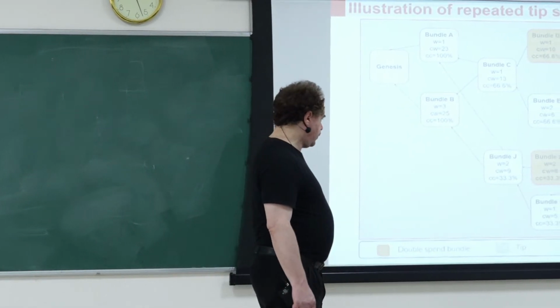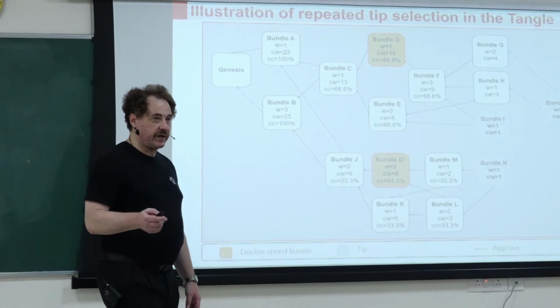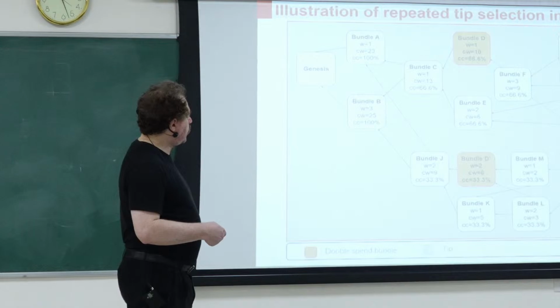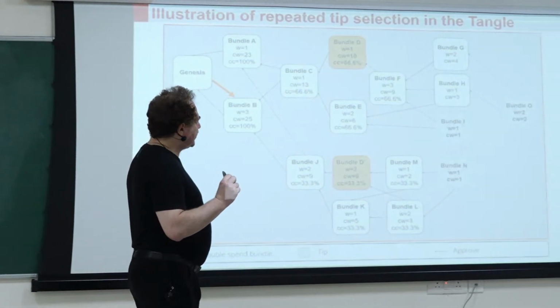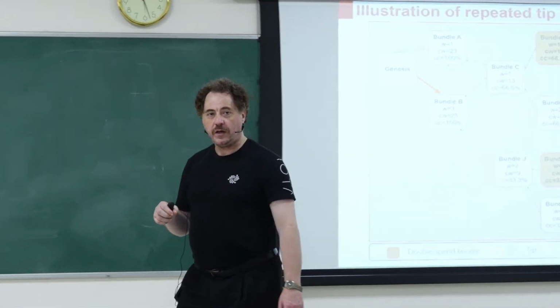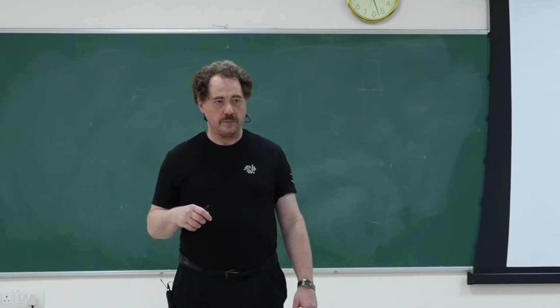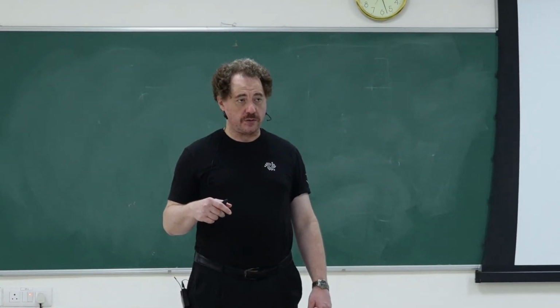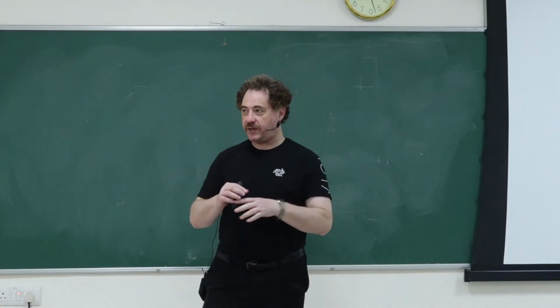So this is the same DAG. So now we can see how it works. The selection of the tip and of the path is what's called a random walk algorithm. What is a random walk algorithm? Some of you may already know, but I'll explain.